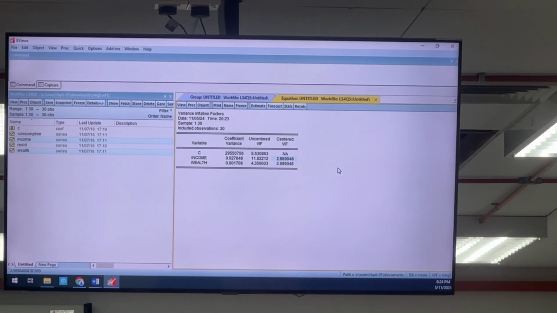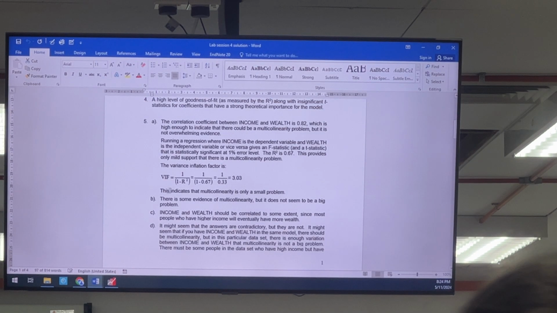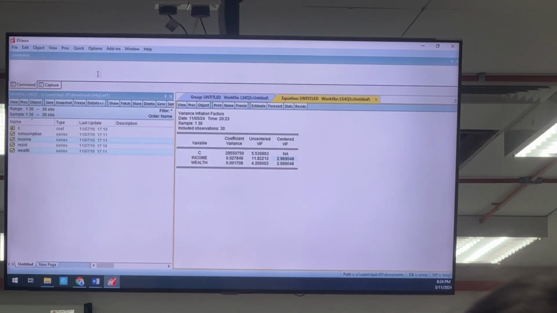So how do we get the VIF of 2.98? It is obtained by regressing income against wealth, getting the R square, and then calculating using the formula 1 over 1 minus R square.